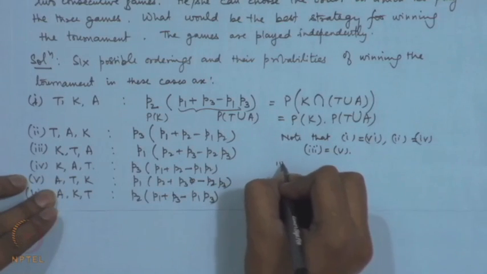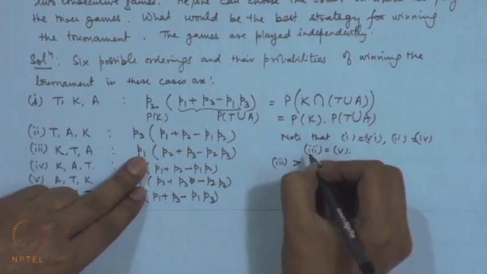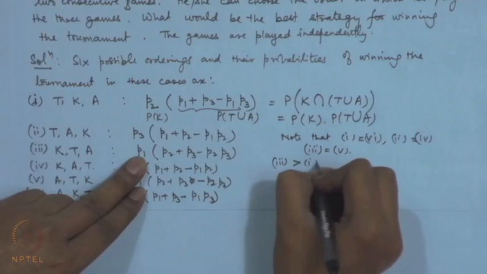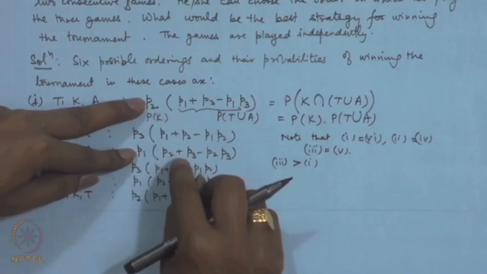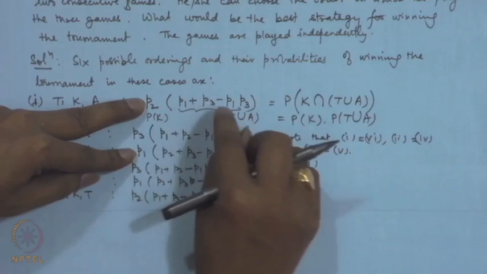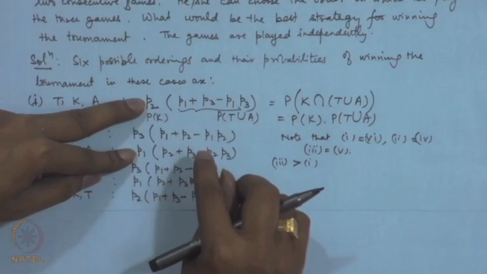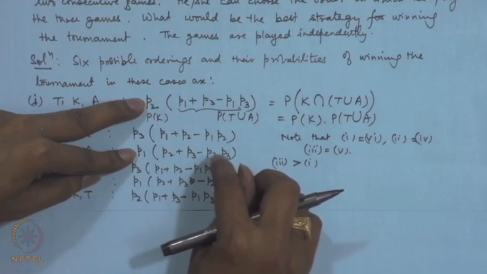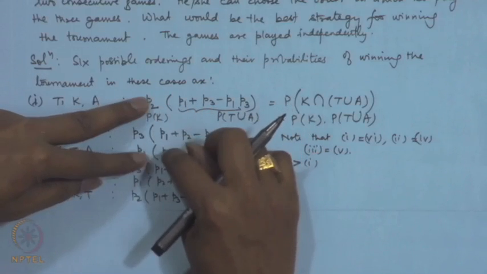Now, you can see that 3 is greater than 1. Why? P 1 is bigger than P 2. Now, if you compare these here, because P 1 is bigger than P 2 is bigger than P 3, then if you look at this, here we are getting P 1 P 2, that is cancelling out.